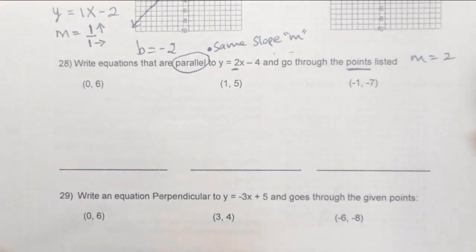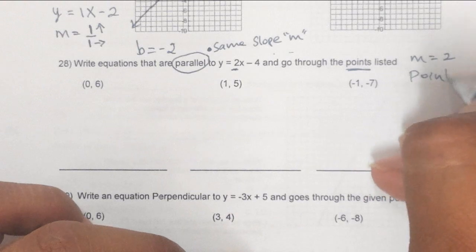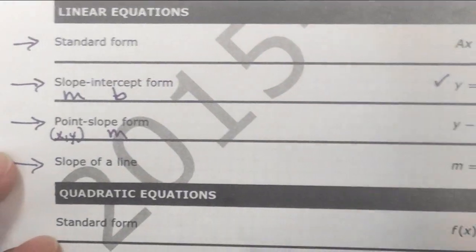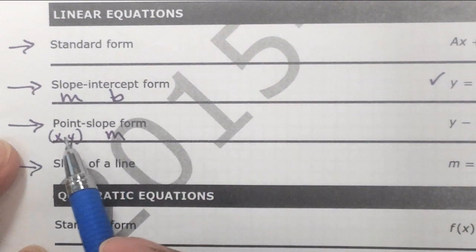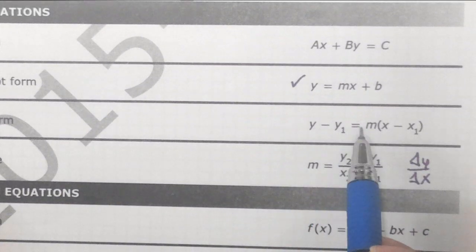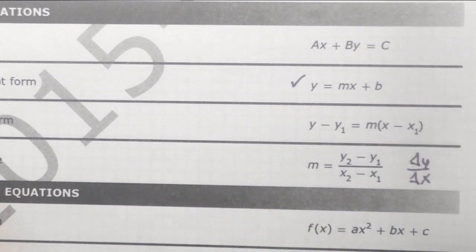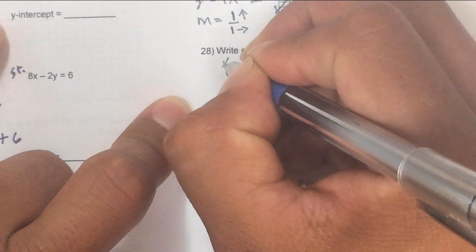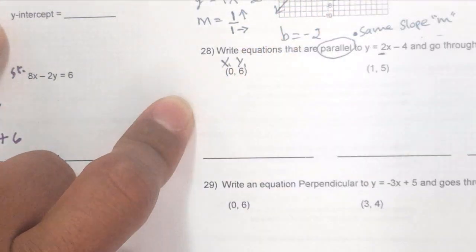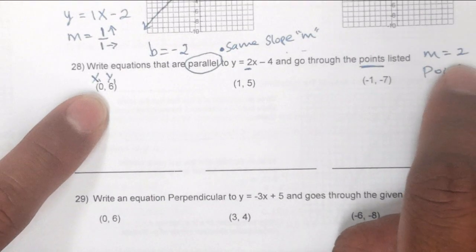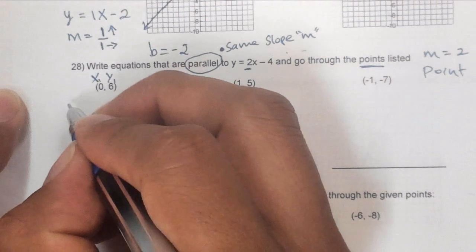When I look at the formula chart again, the only one that uses m and a point is the point-slope form, which is y minus y1 equals m(x minus x1). And this is the way you do it. Since you have a point, this is x1 and this is y1. And then you have the slope, of course, which is 2. So let's put everything together.